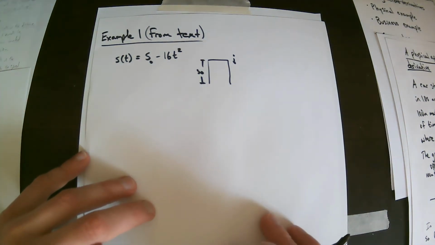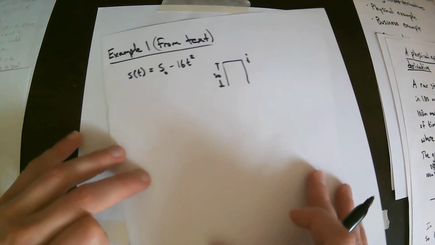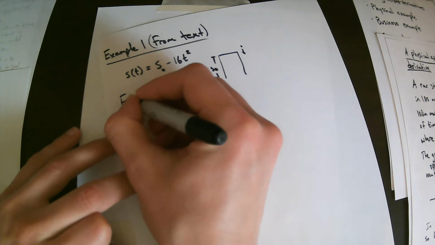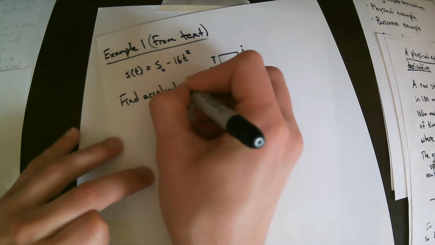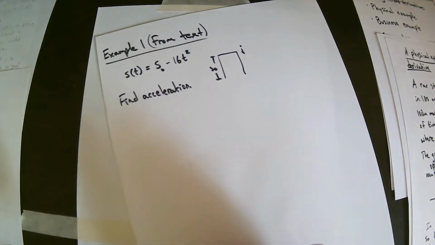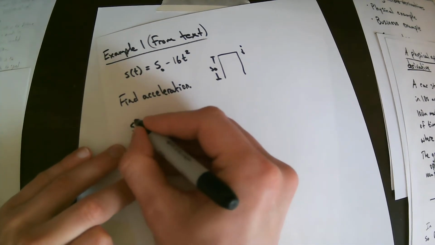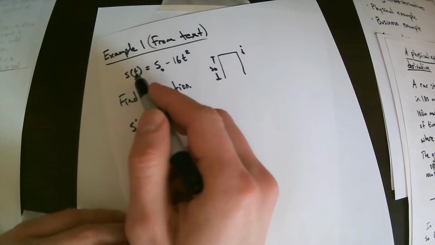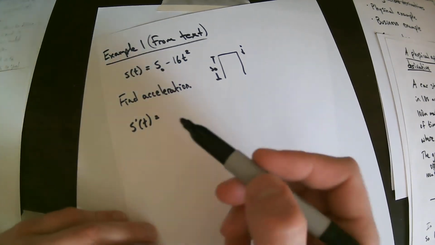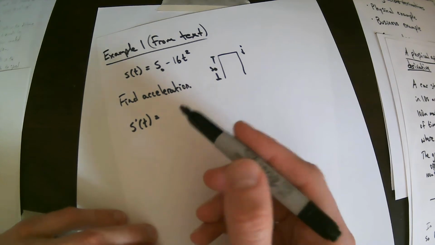And what do we want to know? I'm assuming we just want to know its acceleration. Okay, so find the acceleration of an object dropped from some height. Well, we would say s prime of t. We're going to want a second derivative. If this is a position or a distance function, we're going to want to take its derivative twice to get to acceleration.